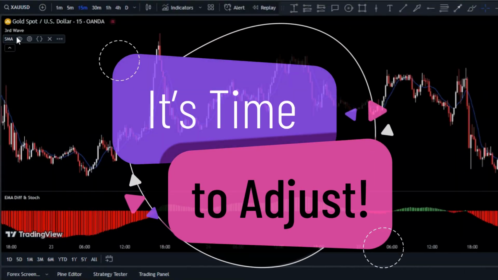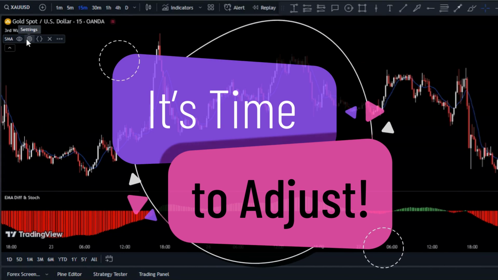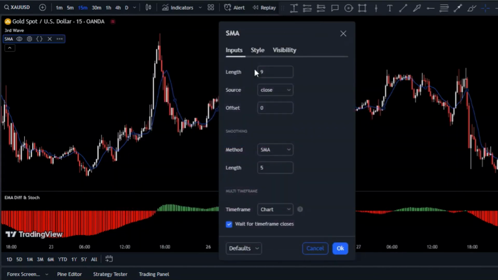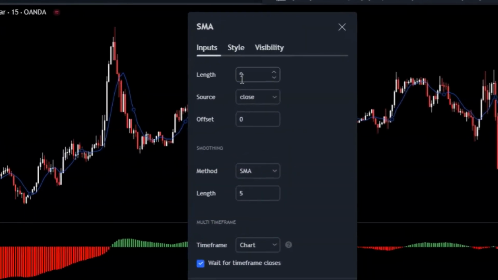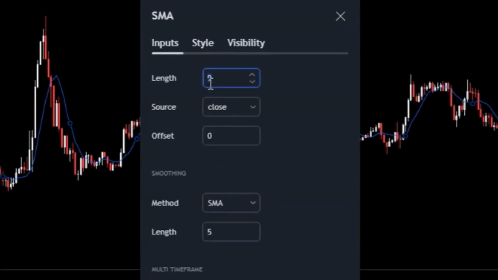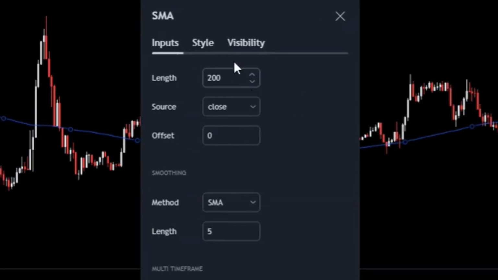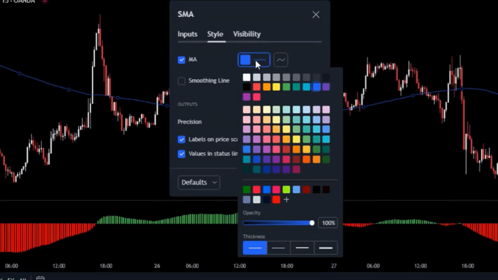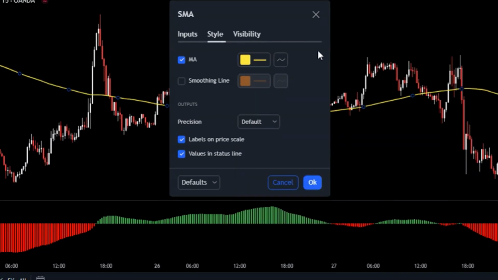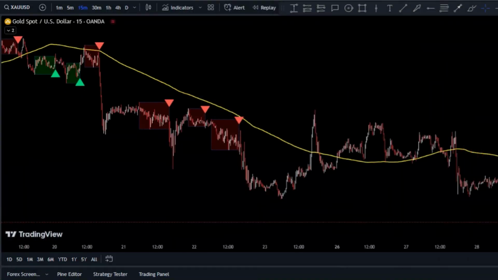After adding the indicator to the chart, proceed to its settings and apply the necessary adjustments as demonstrated in the video. With this addition, you can easily filter out the counter-trend signals.